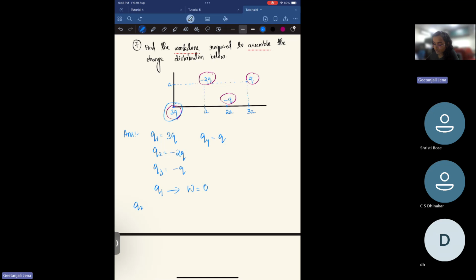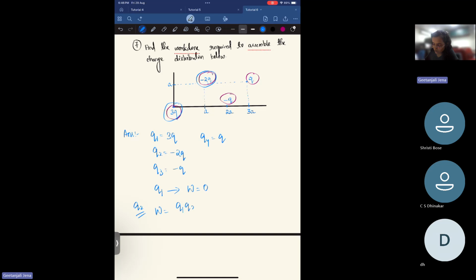For Q2, as Q1 is already present, it creates an electrostatic field. So there will be work done when you bring the charge minus 2Q from infinity to this position. Work done is the summation of Qi Qj by 4 pi epsilon naught Rij.